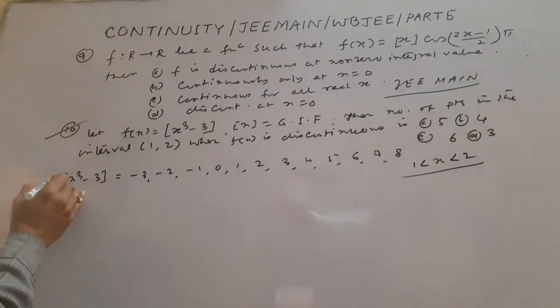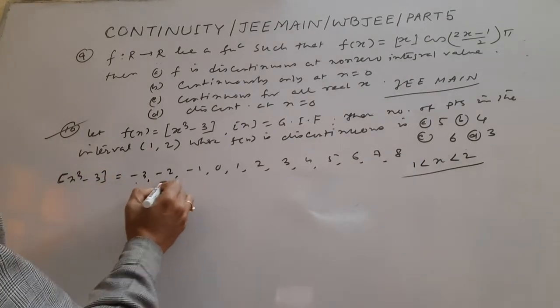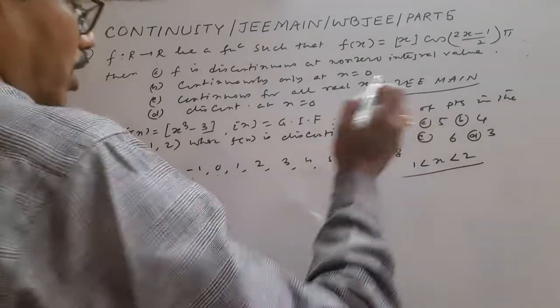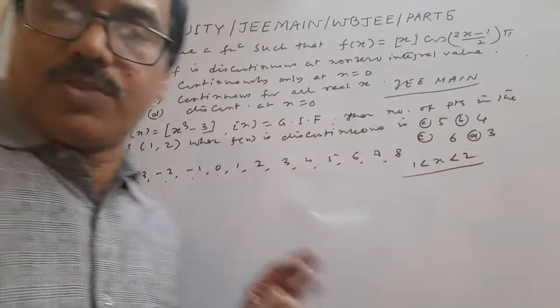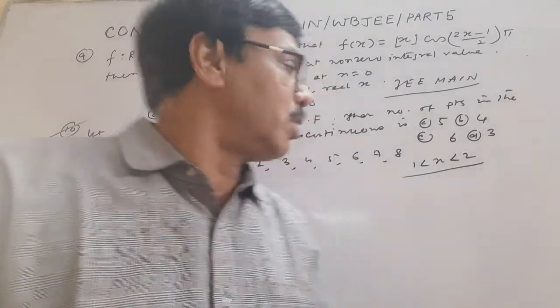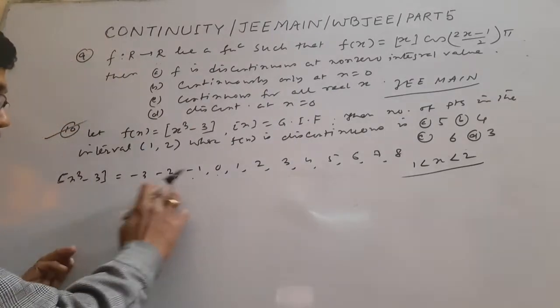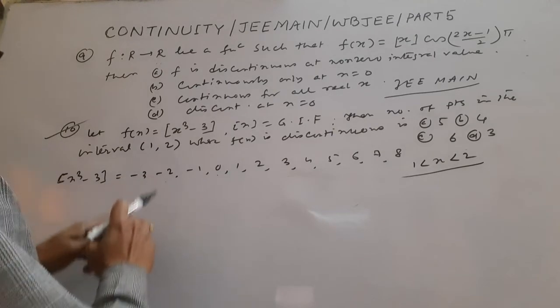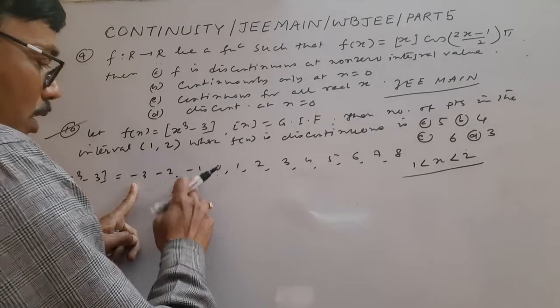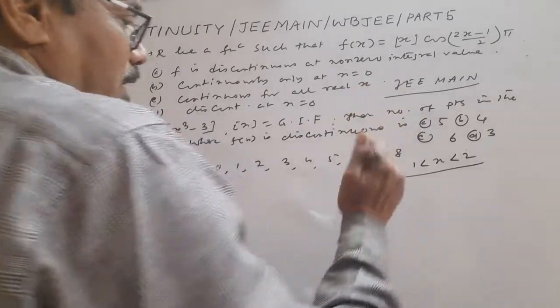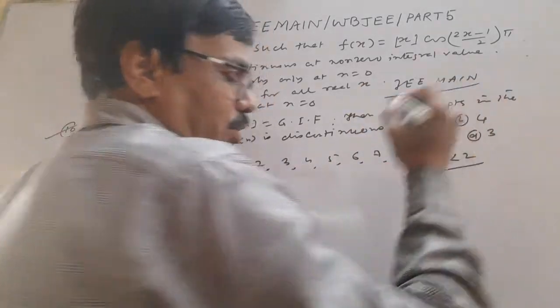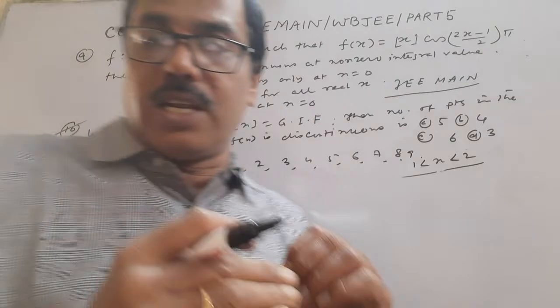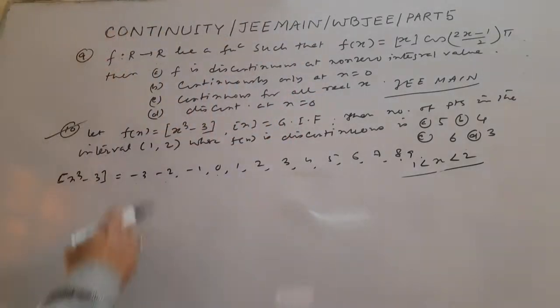So suppose third bracket x cube minus 3 equals to minus 3, minus 2, minus 1, 0 up to 8. I am repeating it again, this is not continuous at integral values. So what are the integral values? Minus 3, minus 2, minus 1, up to 8, 9 as you please.